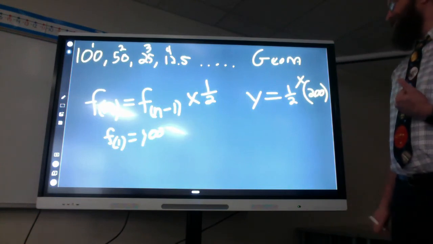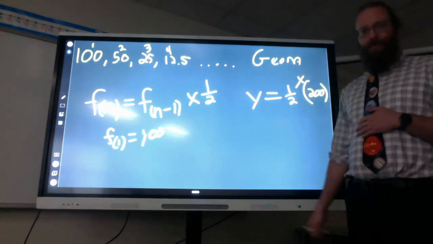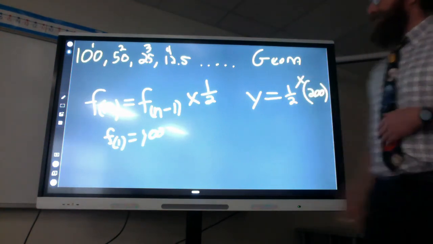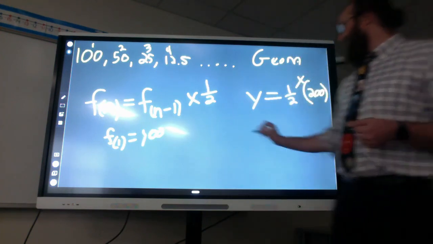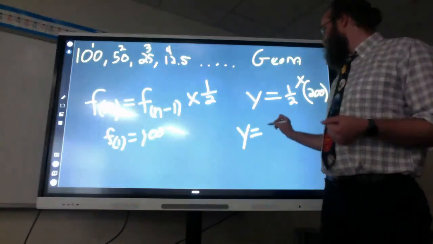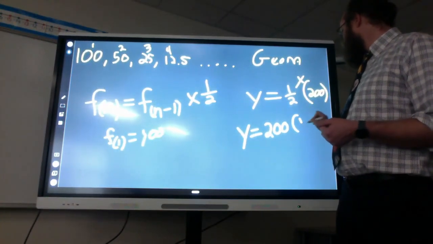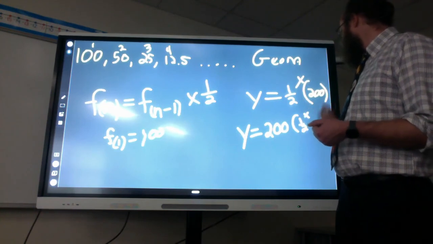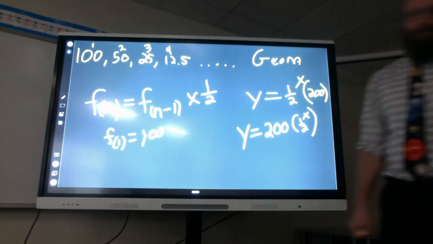Let's see if it works for the second guy. 1/2 to the second power would be 1/4. 1/4 times 200 is 50. So we are correct so far. So to make this look a little cleaner, I'm going to write the 200 in front. So it'd be 200 times 1/2 raised to the x power. And that would be our explicit equation, works for all of those.